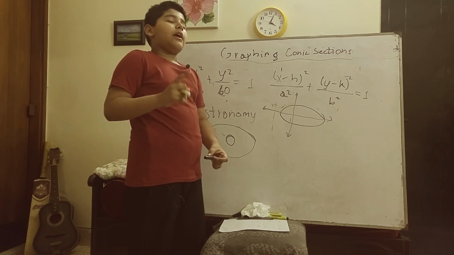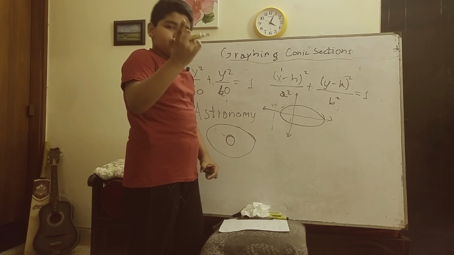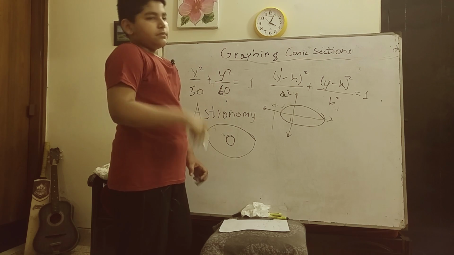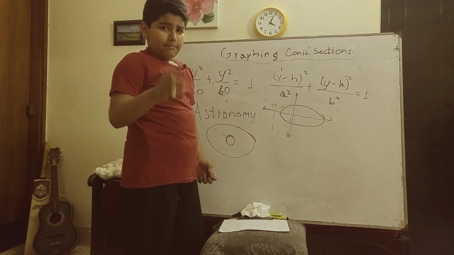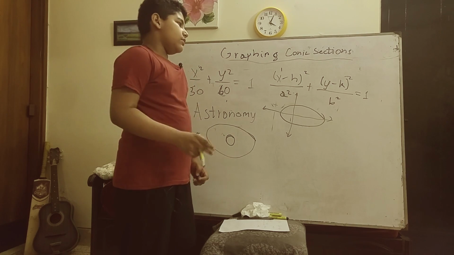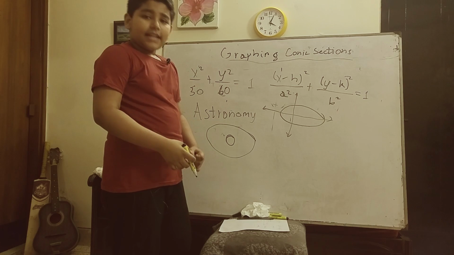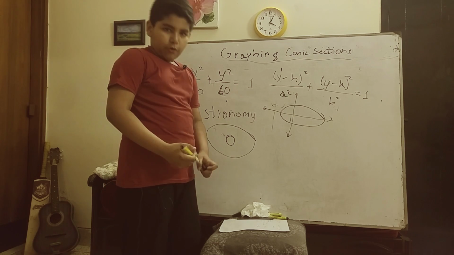But we'll talk about that more in our future astronomy. But for now, we have a lot of math to cover. So, let's move on to our next shape, which is the parabola.